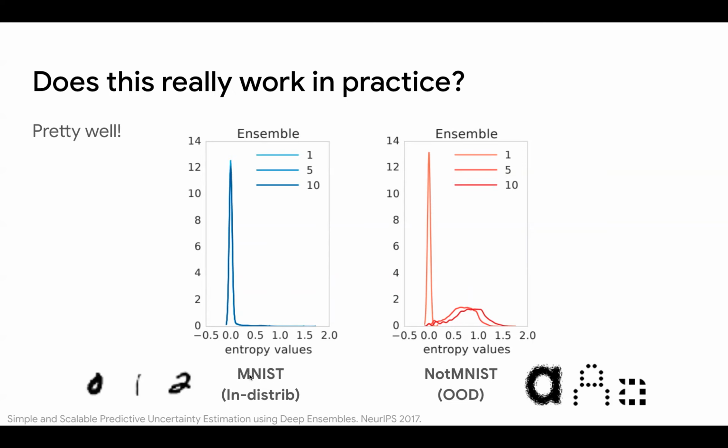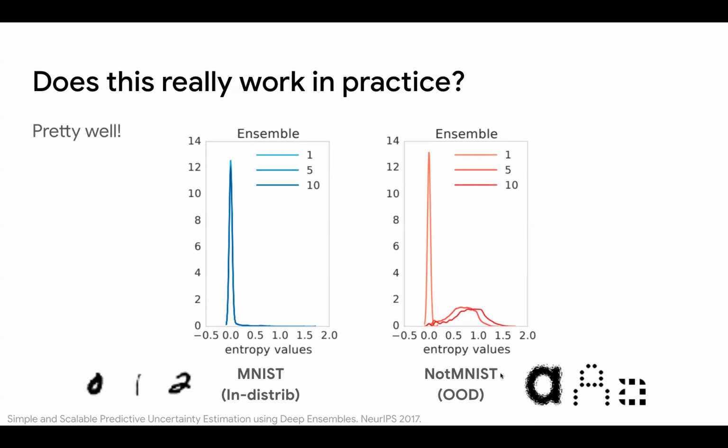In this case, MNIST is the in-distribution case. And you see from the histogram that, regardless of how many models you have in your ensemble, the confidence is super high anyways, very close to 0 entropy. So the prediction is almost always a one-hot vector.